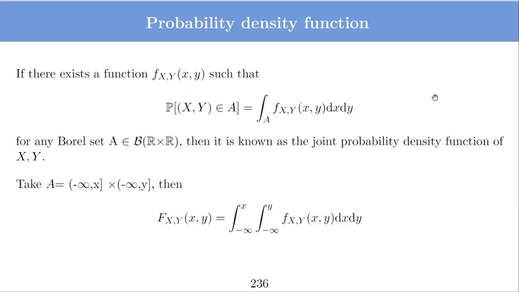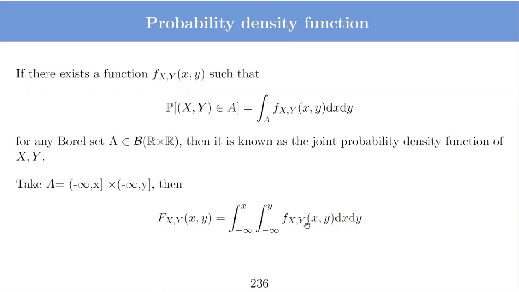So if I take A equal to minus infinity to x cross minus infinity to y, then this probability law will be nothing but the joint CDF. So the joint CDF of XY should be equal to the integration of the PDF on the interval minus infinity to x cross minus infinity to y, which can be written as a two-dimensional integration where one variable moves from minus infinity to x and the other moves from minus infinity to y.